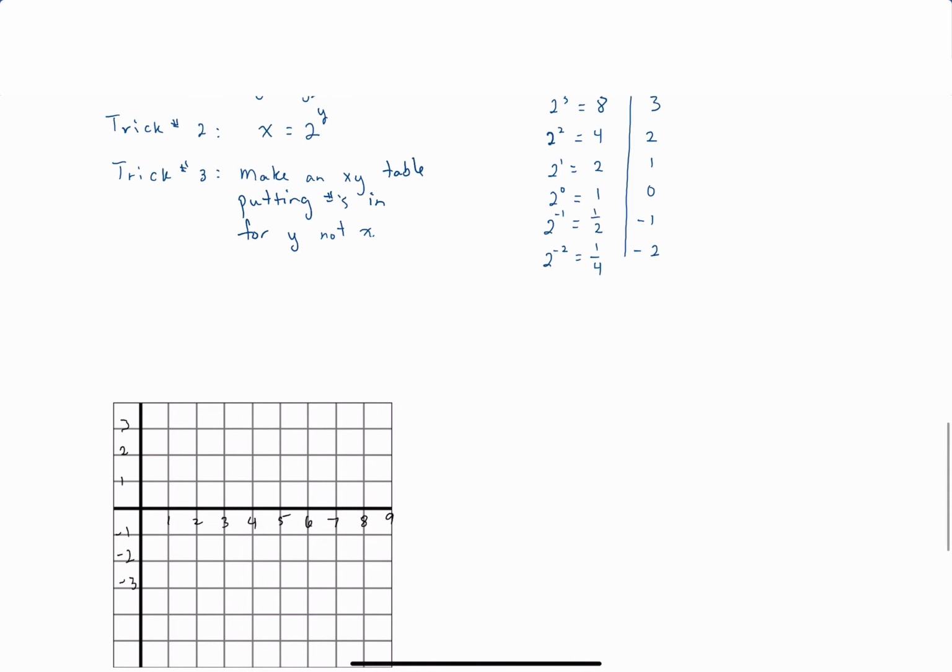Okay, and then we have 8, 3. So 8, 3 is a dot on our graph. And then we have 4, 2. Then we have 2, 1. 1, 0. 1/2, -1. And 1/4, -2.